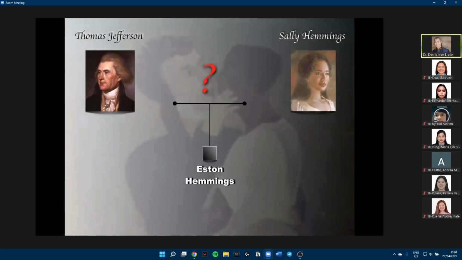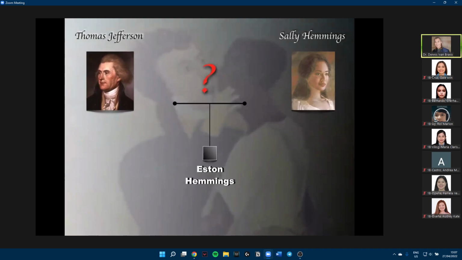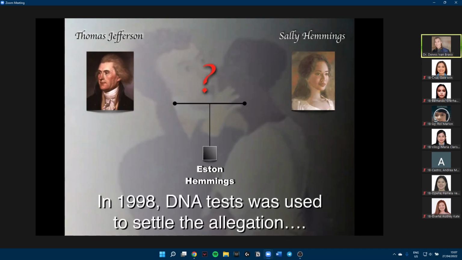his current day descendants claim that Thomas Jefferson is their ancestor, despite the lack of any historical evidence to prove such claim. So, with the development of molecular DNA technology in 1998, DNA test was used to settle this historical dispute and allegation.